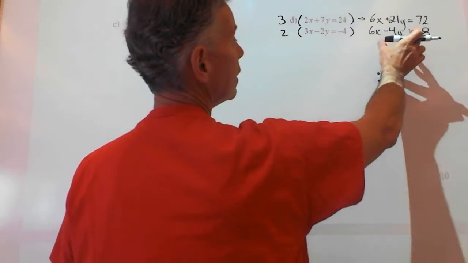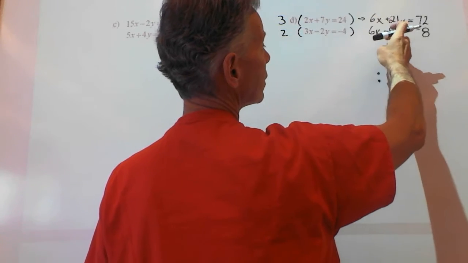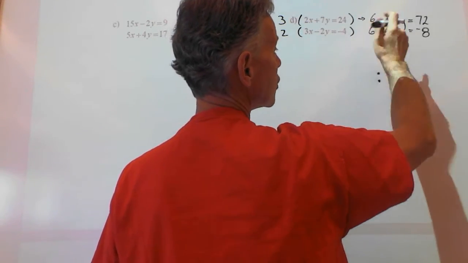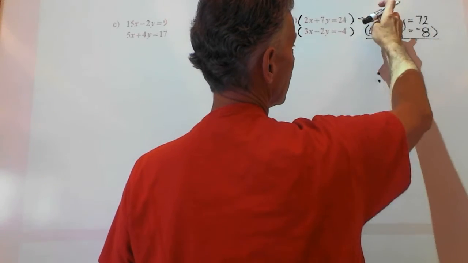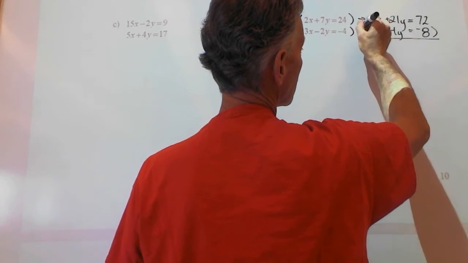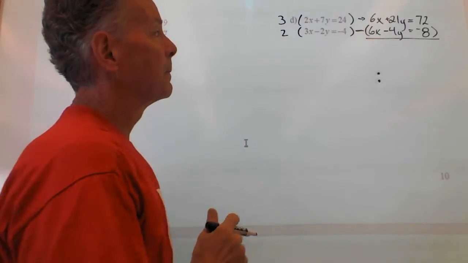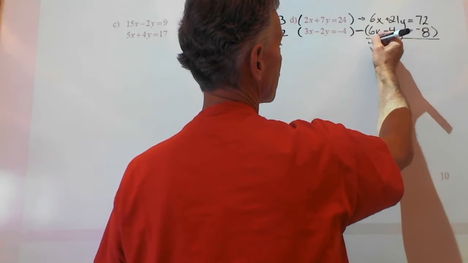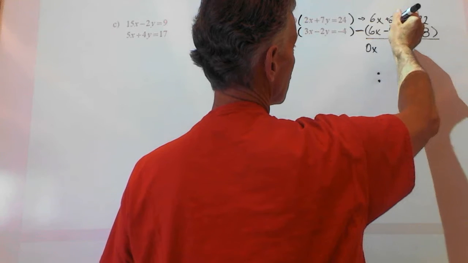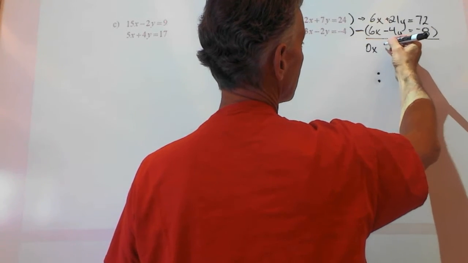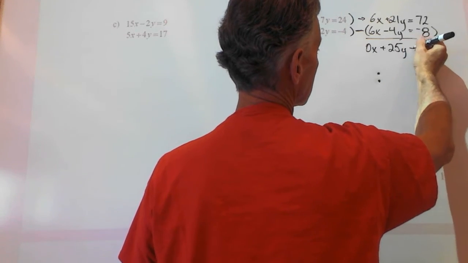Okay? But, so what we've got here now is we've got two equations that are equivalent. They have the same coefficient of x, and so we can go ahead. And again, when they're both positive or both negative, you know you're going to have to subtract to make that x disappear. So 6x minus 6x will give us 0x. 21y minus negative 4, it's like saying plus 4, will give us 25y.